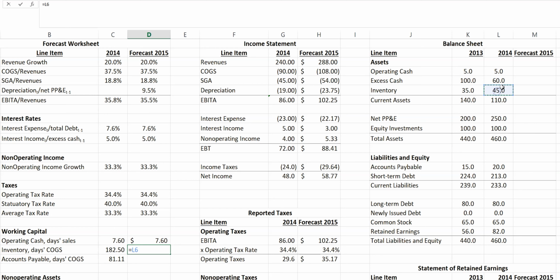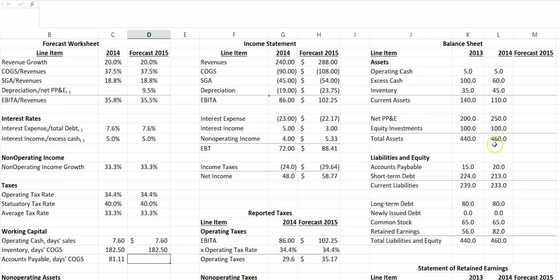So I'll take my inventory as a percentage of 2014's cost of goods sold, and I will multiply that by 365. Oh, and let me take the absolute value here so that I have a positive forecast driver instead of a negative one. And I have 182 days of cost of goods sold on hand as inventory in 2014.